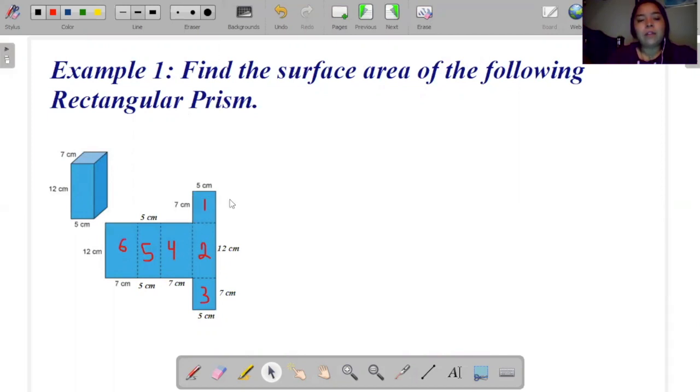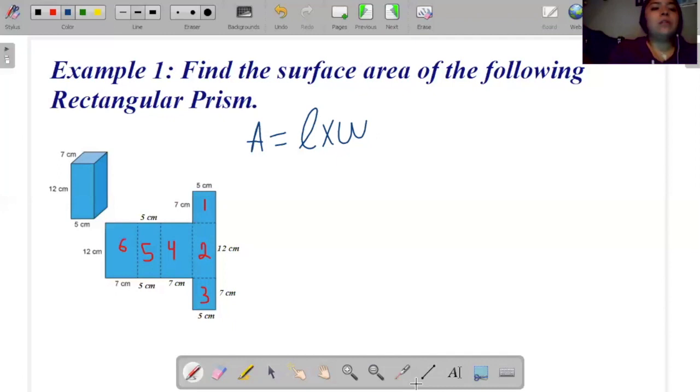So how do we find the area of a rectangle? If we recall, the area of a rectangle is length times width. And we're trying to find the surface area of this shape, so our first step will be to find the area of each rectangle: rectangles 1, 2, 3, 4, 5, and 6.